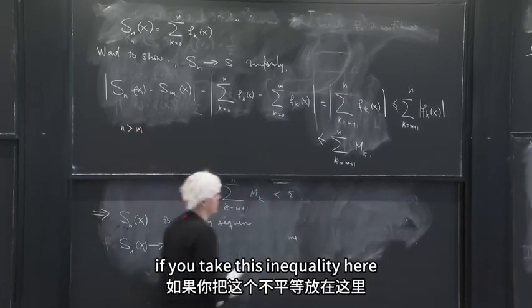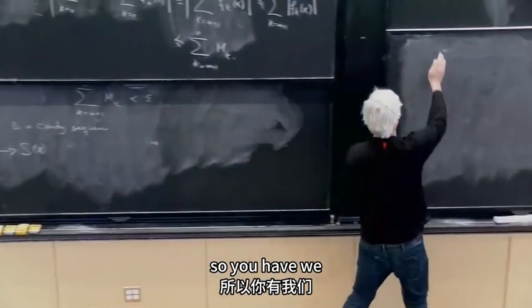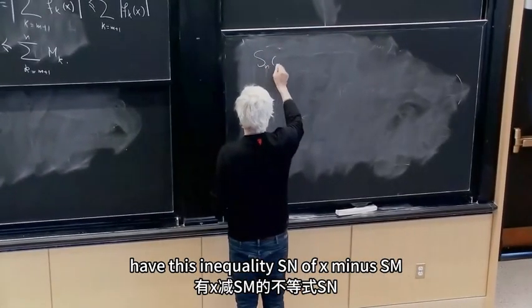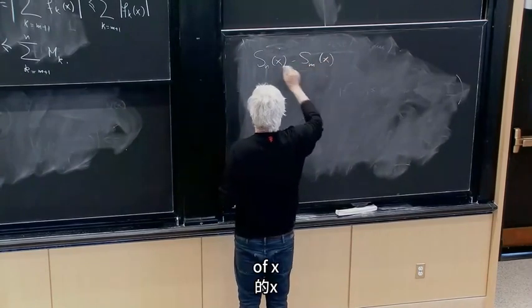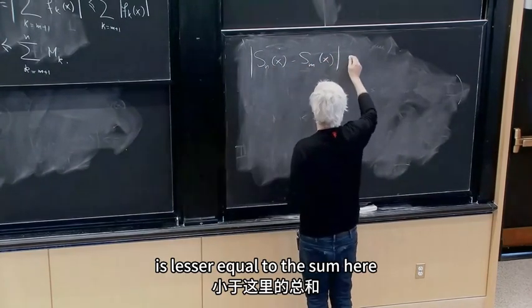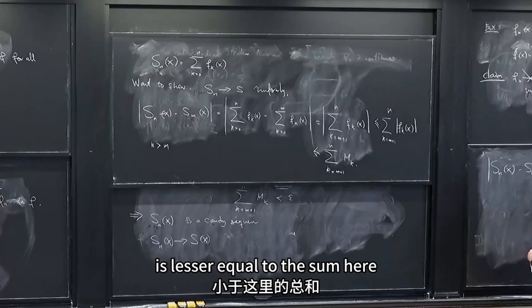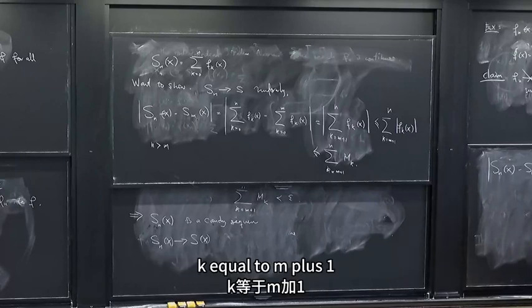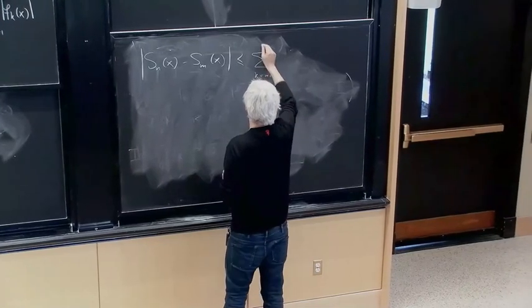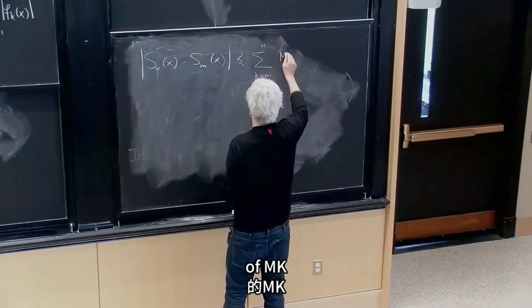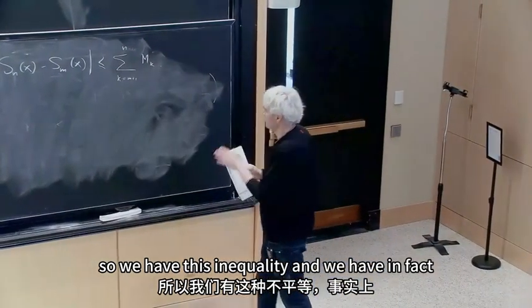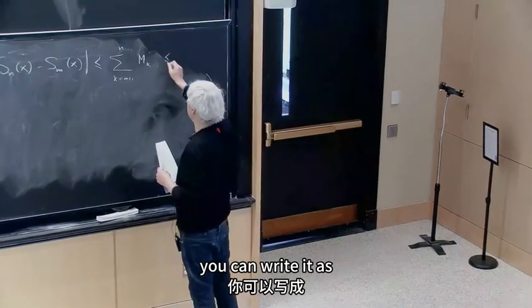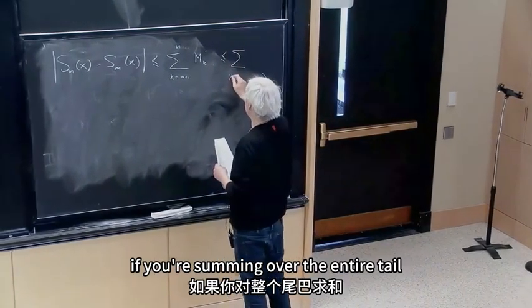If you take this inequality, Sn of x minus Sm of x is less or equal to the sum from k equal to m plus 1 to n of Mk. In fact, you can write it as summing over the entire tail.